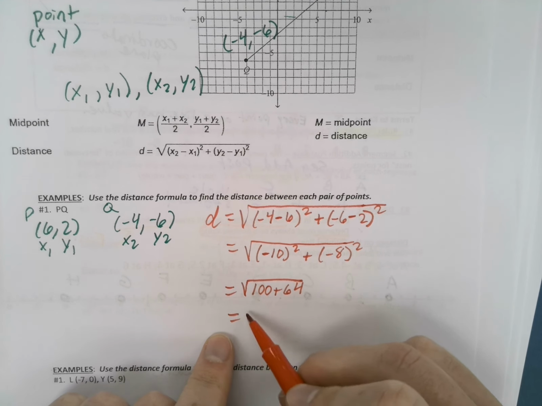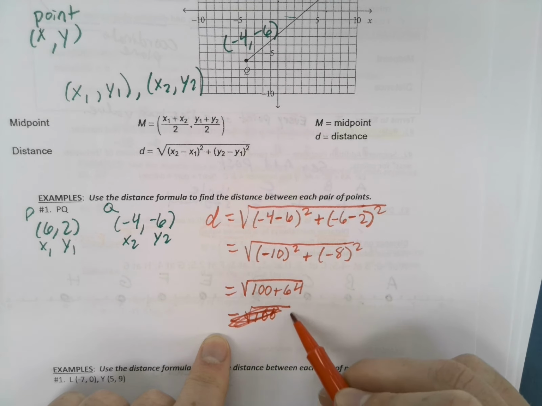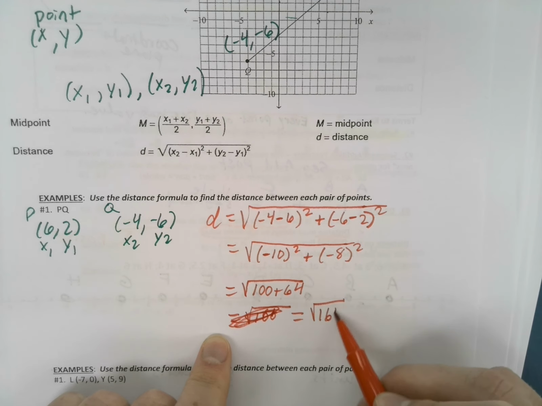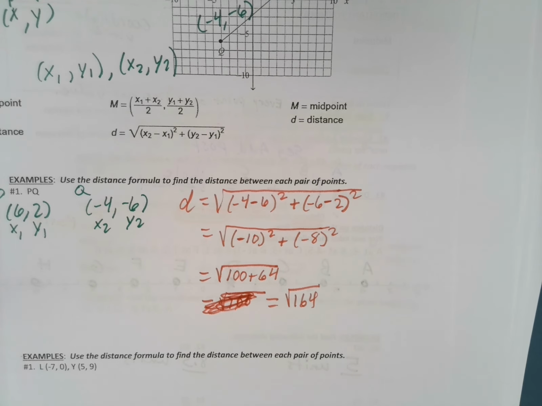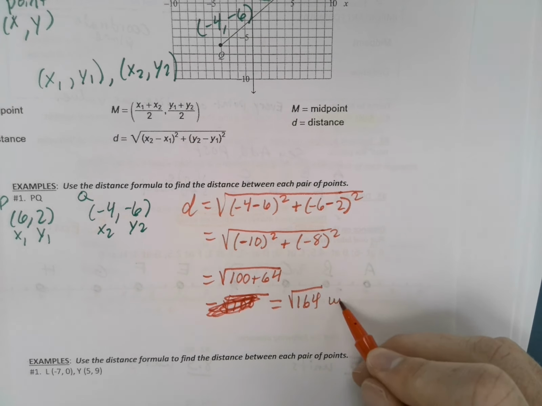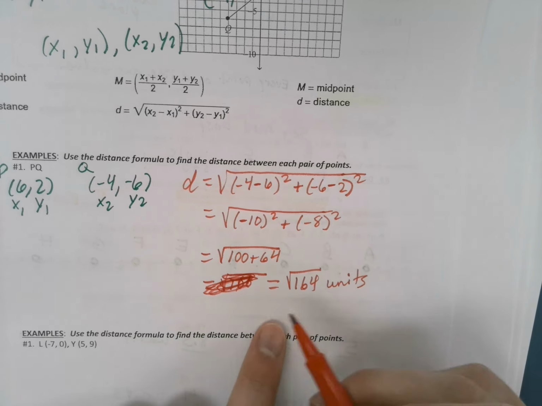And so we end up with the square root of 100, yikes, 164. Now, units. Now that could be an answer, sure. But what if we wanted to get a little bit better picture as to around what that value really is? Well, you can just take the square root, guys. You do that on the calculator.